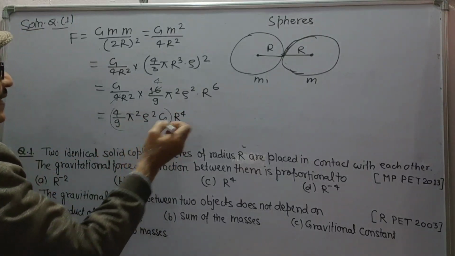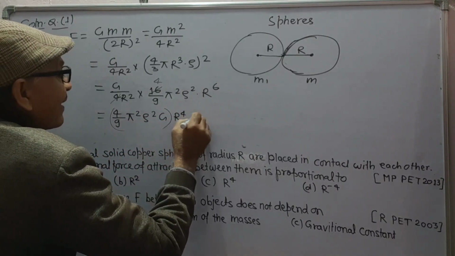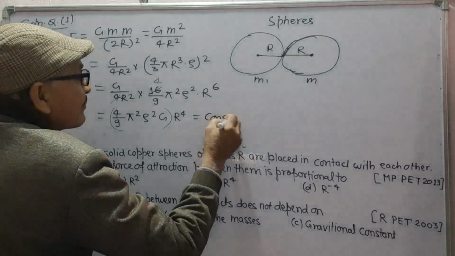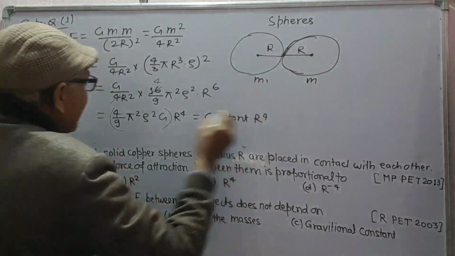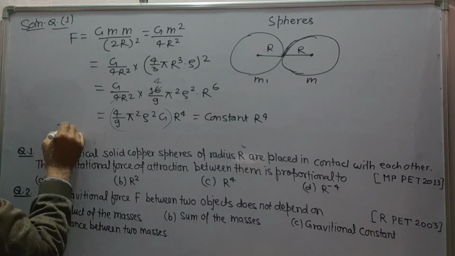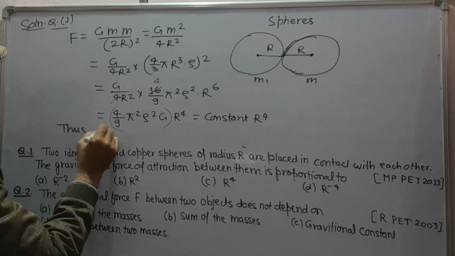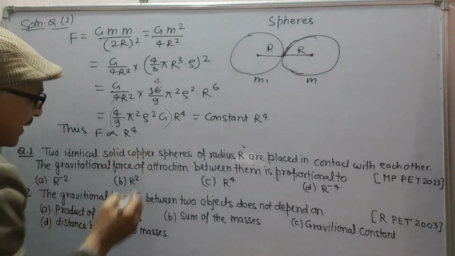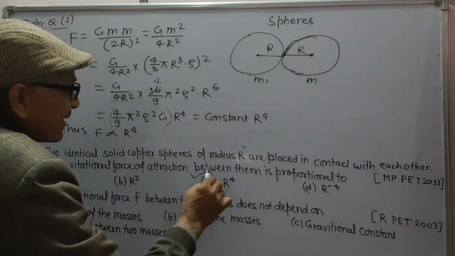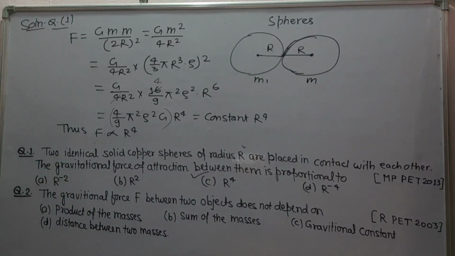This term is constant. So, it is constant times r power 4. So, F is directly proportional to r power 4 and the correct option will be C. Next, question number 2. The question is, the gravitational force F between two objects does not depend on, these are the options.